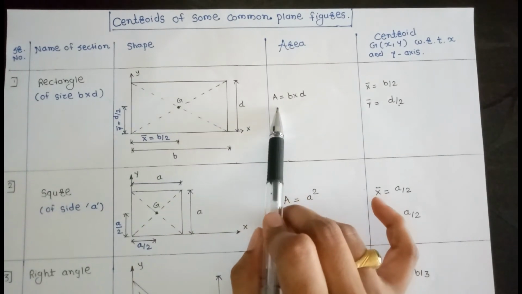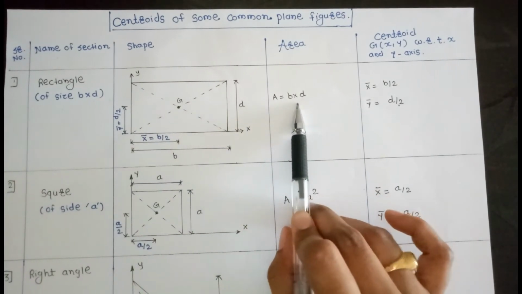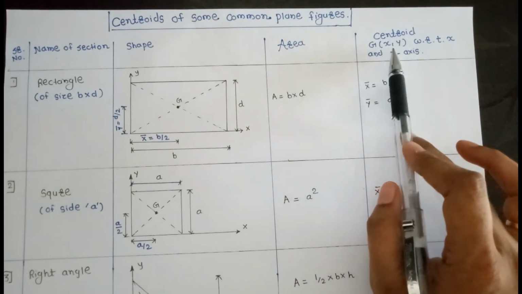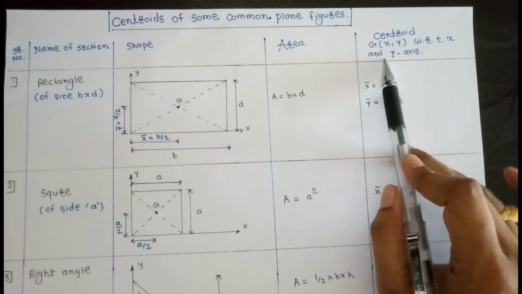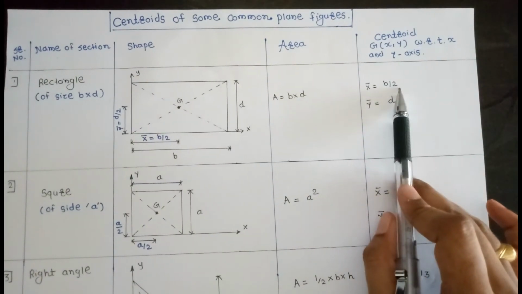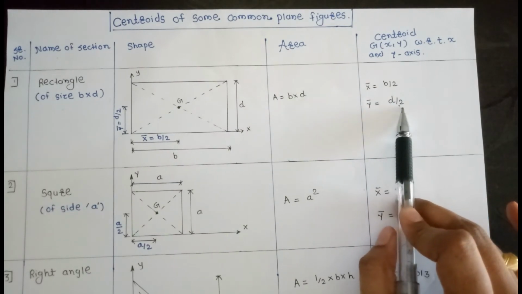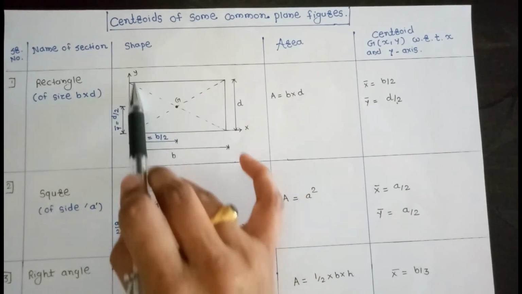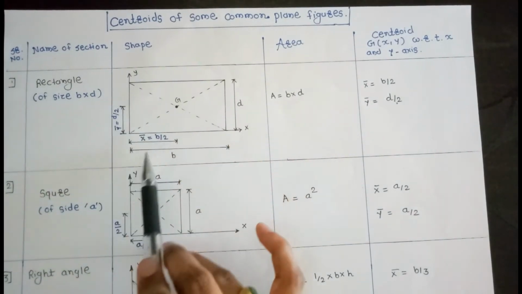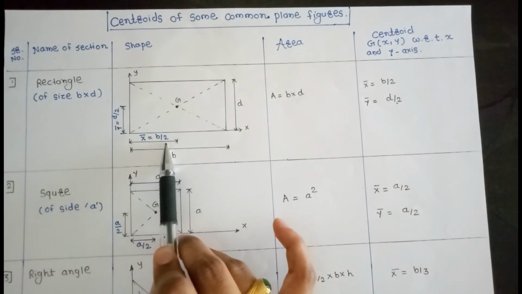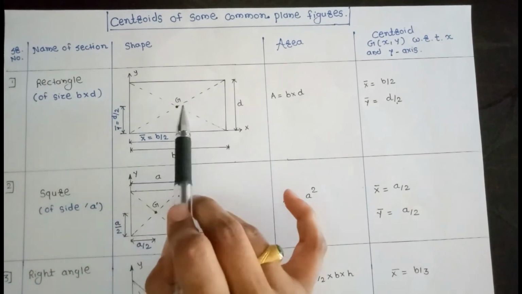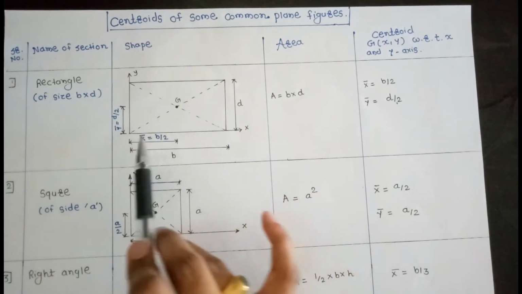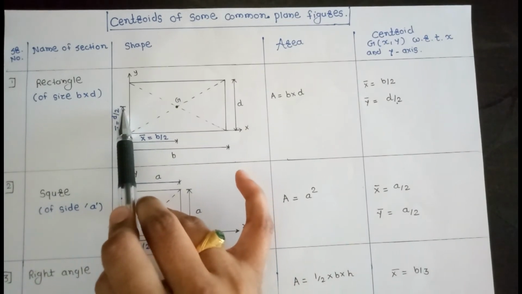What is the area of rectangle? A is equal to b into d. Centroid means G of x comma y with respect to x and y axis. X bar is equal to b by 2 and y bar is equal to d by 2. X bar means the distance between center of gravity and the base of y axis, x bar is equal to b by 2, and y bar is the distance between G and the x axis base, y bar is equal to d by 2.